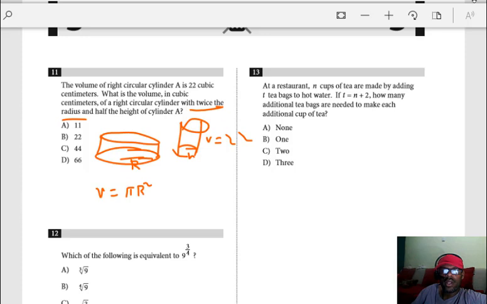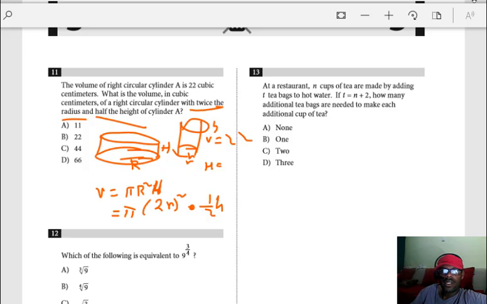Pi capital R squared capital H, and let's call the other one small h and small r. So let's plug in: pi, radius is double, so twice the small radius squared, times height, which is half, so half of h.